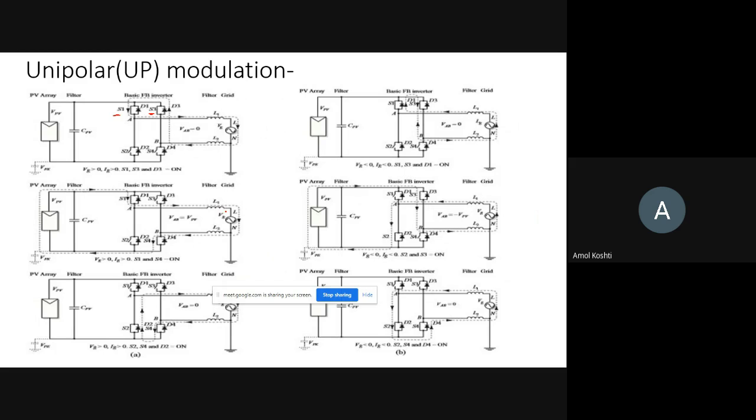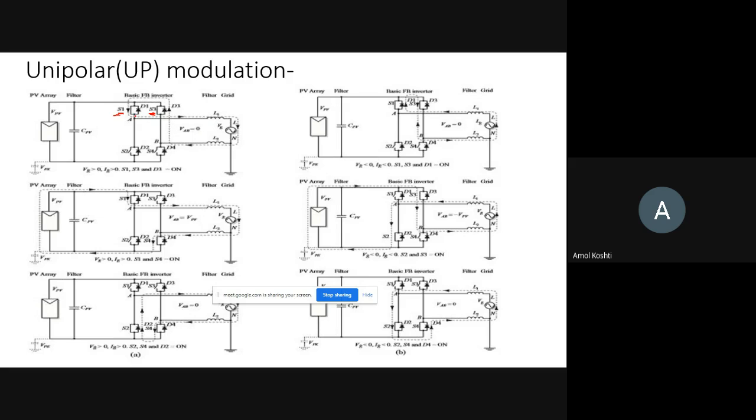Here we are giving the pulse initially to S1 and S3. They have assumed the inductor filters at the grid side are pre-charged.